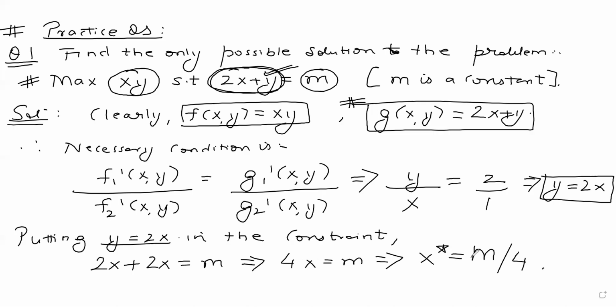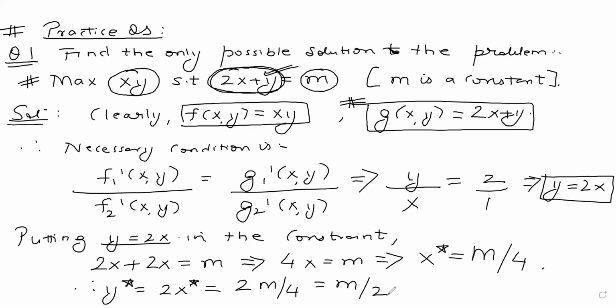Once I have found x star, I can find y star. y star is equal to 2x star, which is 2 times m by 4, which is m by 2. So clearly all students can see that for this optimization problem, the optimum values are x star equal to m by 4 and y star equal to m by 2.